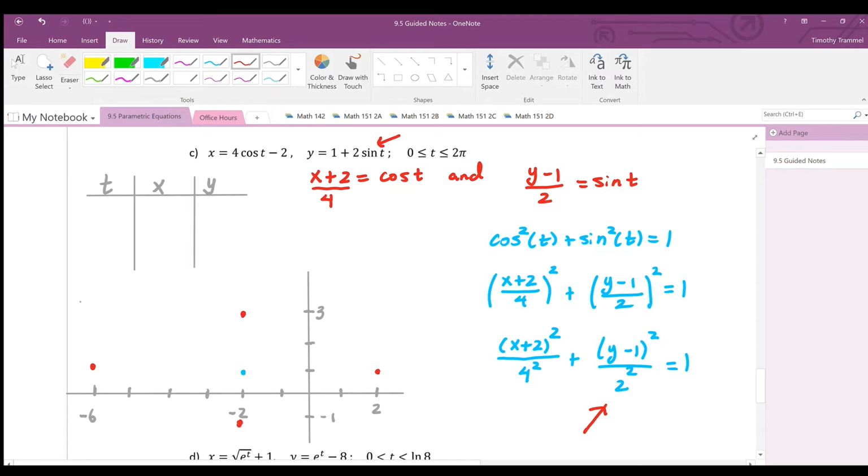And so we're just going to connect these with an ellipse. My scaling's not perfect here, so this ellipse will probably look a little off, but let's go ahead and do that.